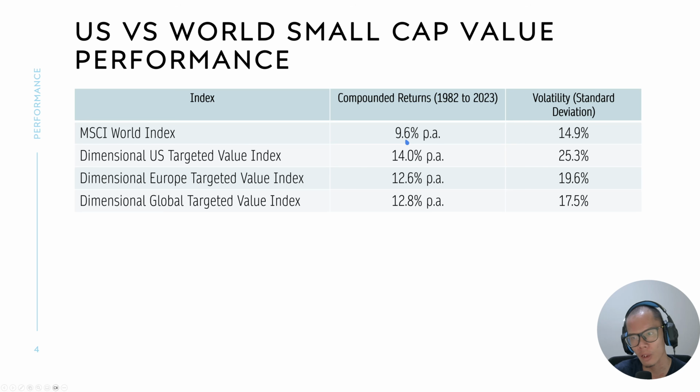Like 9.6%. 9.6% over this 40 year period is not bad already, but this is like a monster. It's like 14%. Probably a closer comparison is the MSCI World Index against the Dimensional Global Targeted Value Index. That's a better comparison. And from the looks of it, it's about 3% higher.